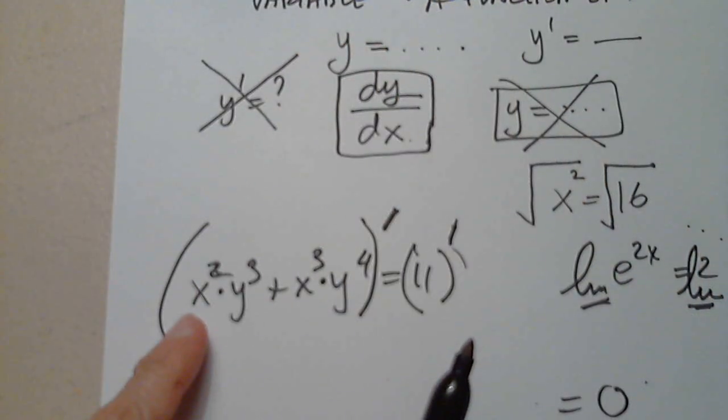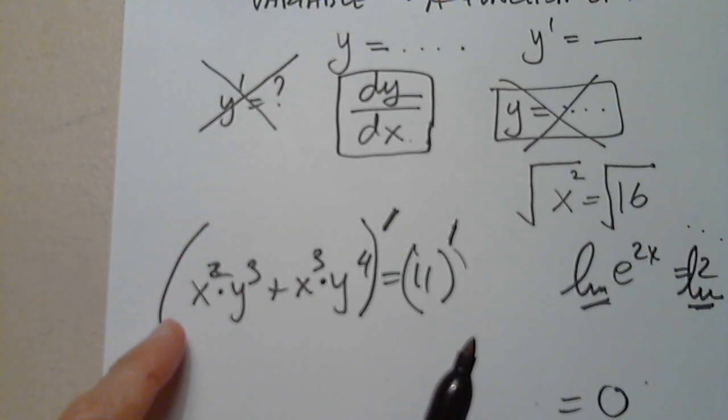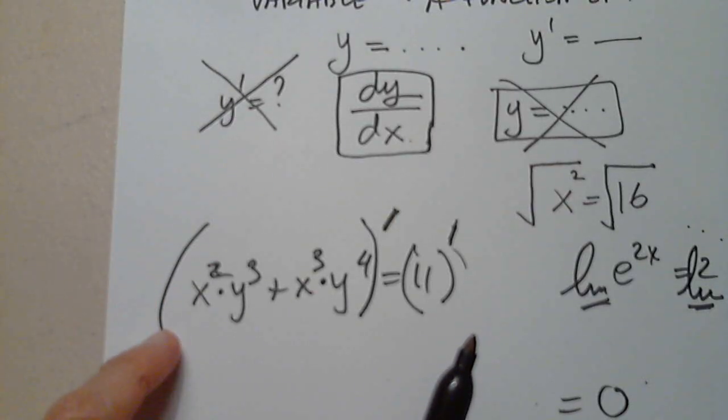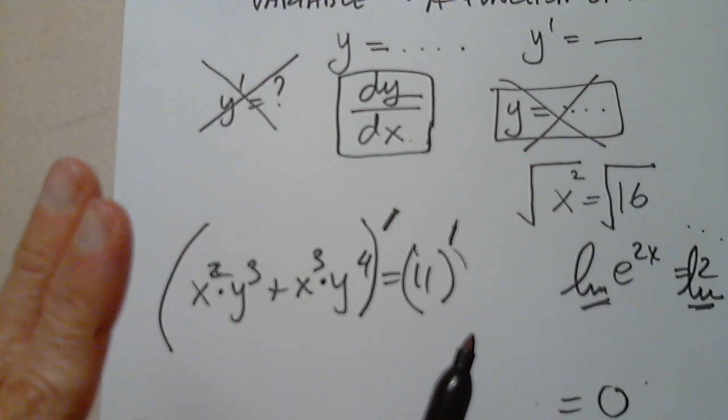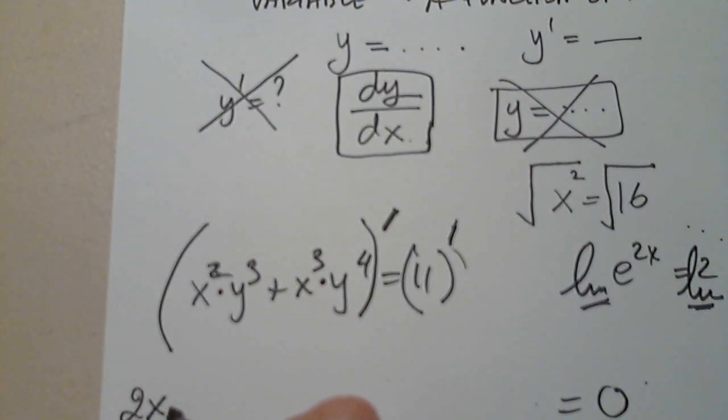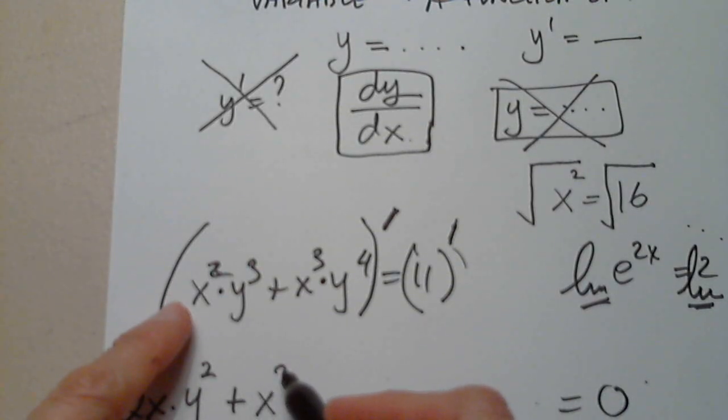The product rule, please remember: first function times the second function prime, the first prime times the second plus the first times the second prime, twice. So the first function prime, 2x, times the second function plus the first function.